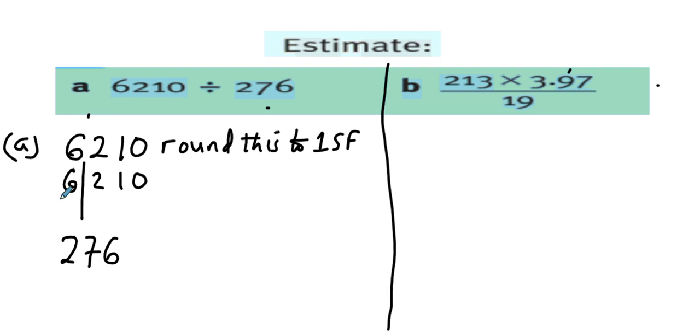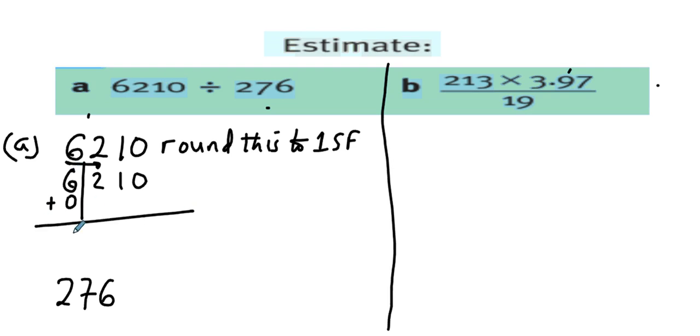This is the first significant figure. Check on your right, there is a 2, so we will be adding 0 here. So the answer will be 6 plus 0 is 6. Now these digits, they become zeros. 1, 2, 3, they all become zeros.